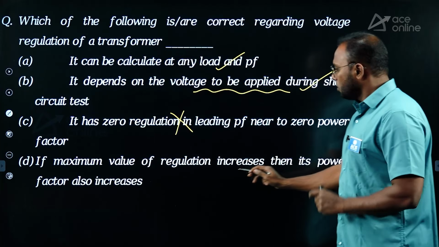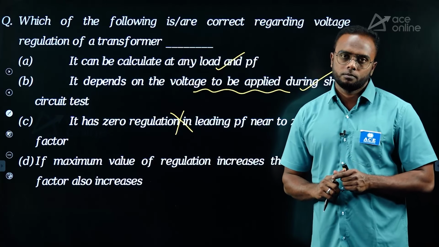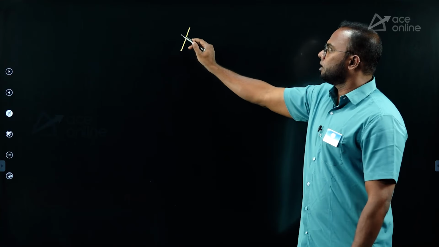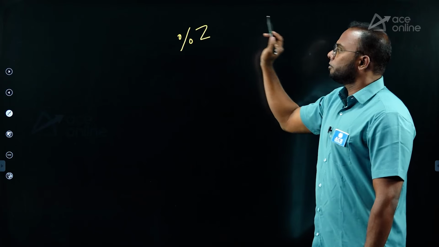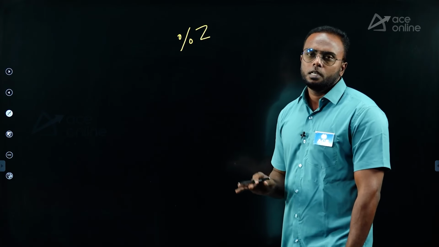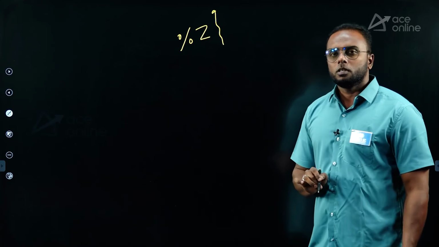If maximum value of regulation increases, then its power factor also increases. See, maximum value of regulation. If you remember, what is the maximum value of regulation? Percentage Z itself is the maximum regulation, the per unit impedance or percentage impedance. If this value increases, then what is the power factor?